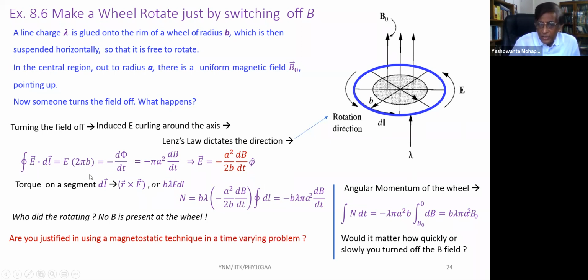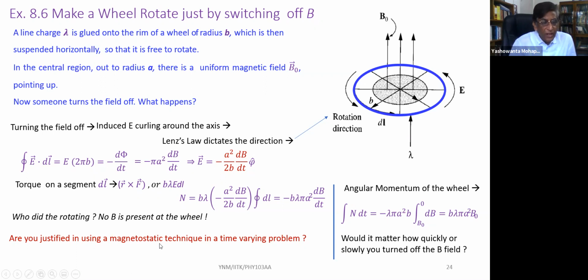You saw that I used a technique, as I had earlier indicated, that E dot dl is minus d phi by dt, whereas minus d phi by dt is playing the role of B dot dl equals mu naught I enclosed. But that's just very specifically a magnetostatic technique where time was not varying.